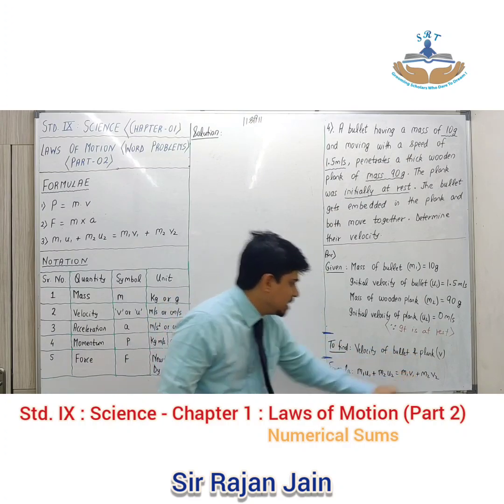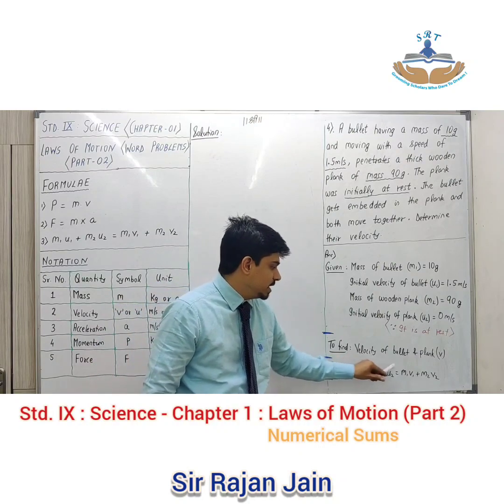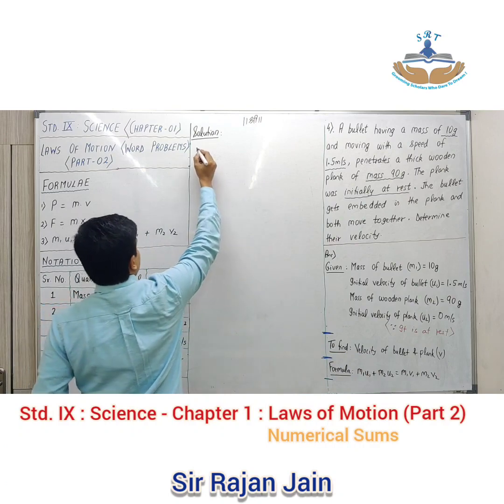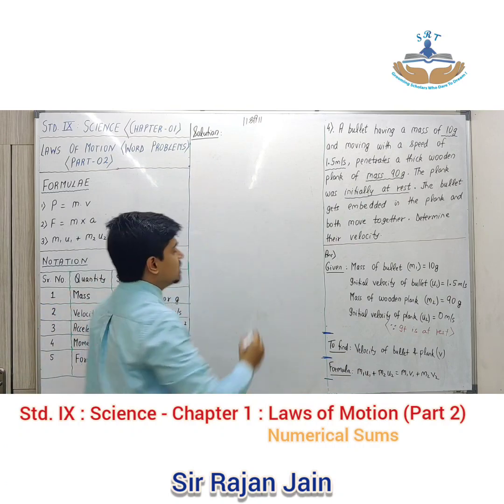Formula, this formula now you are aware about it. This is law of conservation of momentum. Total initial momentum should be equal to total final momentum. Okay, now in your solution, first I'll clear out that v1 is equal to v2 is equal to v.